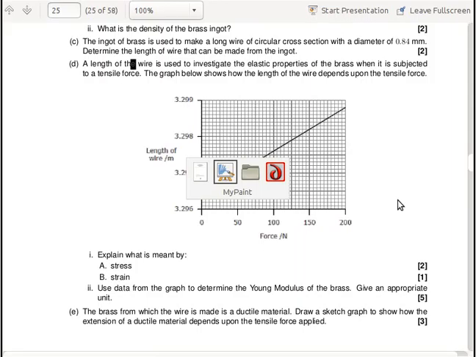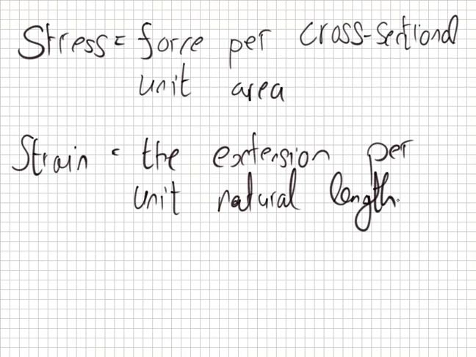Okay. So can I do the second part now? So they want us now to calculate Young's modulus. So Young's modulus is stress over strain, which is force over area over extension over length. The strain, sorry, the other way around.